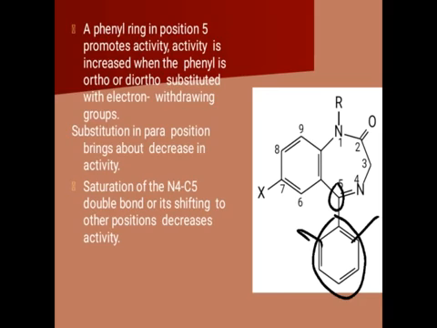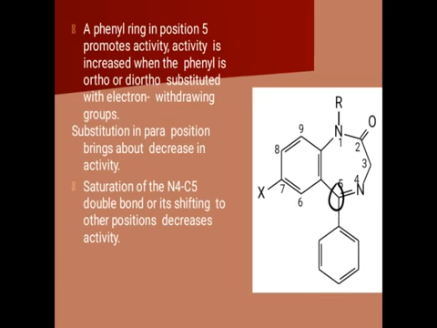Other than the ortho position, if any substitution is at the para position, it will decrease the activity. So in case of phenyl at the fifth position, if substitution is present, it must be at the ortho or di-ortho position. If the substitution is at the para position, it will decrease the activity. At the ortho position, the substitution must be an electron withdrawing group. It should not be an electron donating group. So this is about the fifth position.